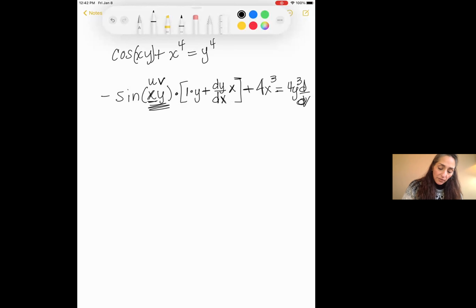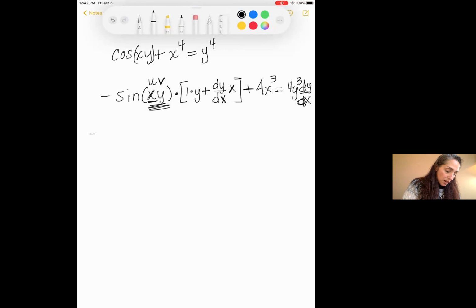Boy, this is really not writing too well for me. Let's see if I can make this a little bit better. Okay, now we have to solve for dy over dx. So we need to get everything with dy over dx on the left and everything else that doesn't have a dy over dx over on the right.